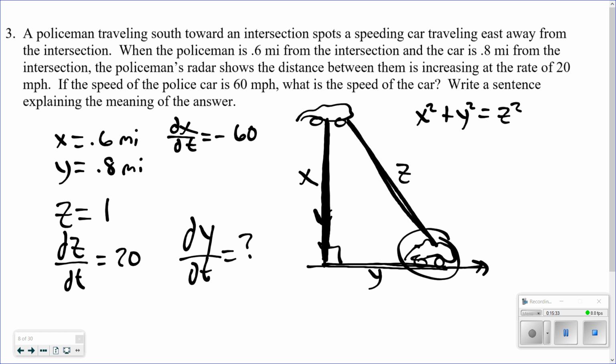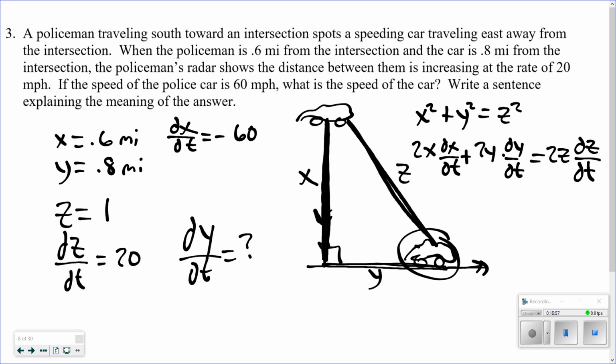Okay, let's take our derivative. So the derivative of x squared would be 2x dx/dt. The derivative of y squared would be 2y dy/dt, equals 2z dz/dt. Okay, let's plug in everything that we know in there.